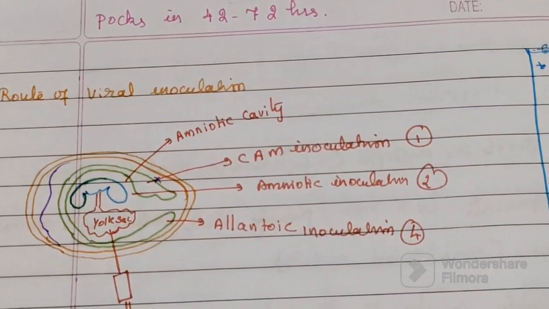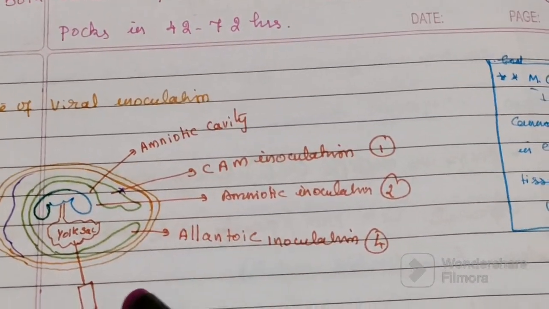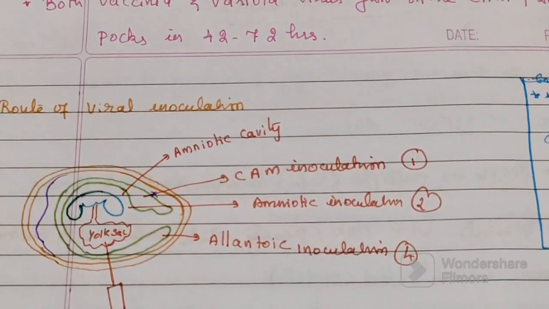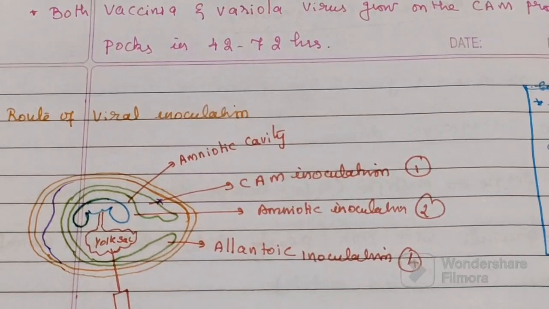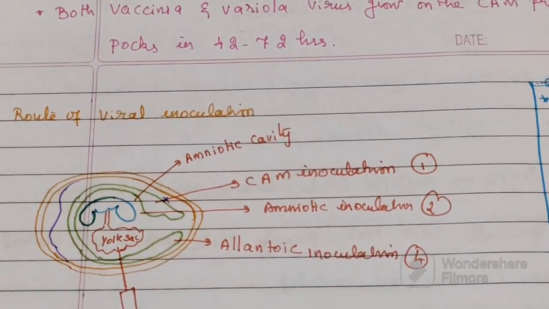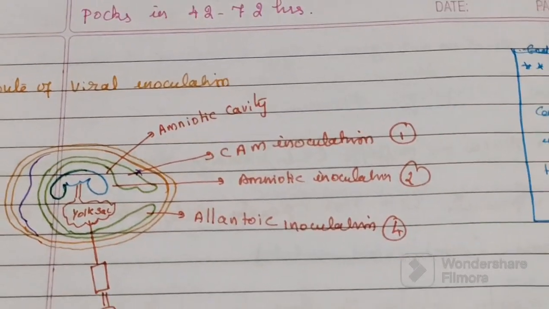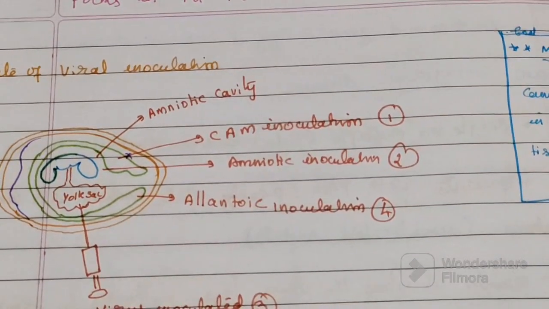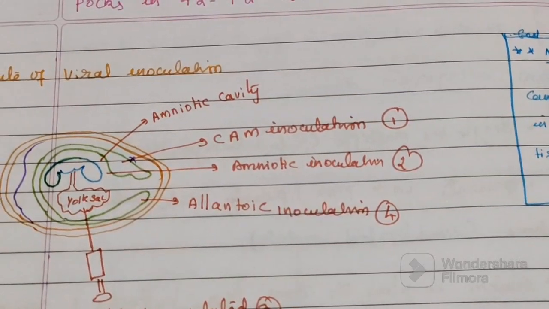We take the specimen in the syringe and inoculate into these layers. Here we are not using all 4 layers. First layer CAM, the chorioallantoic membrane only we are using, that outermost layer.